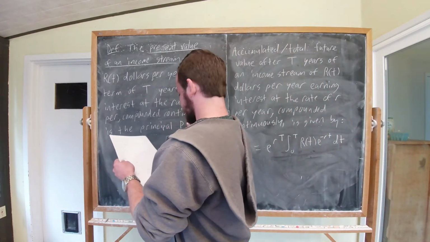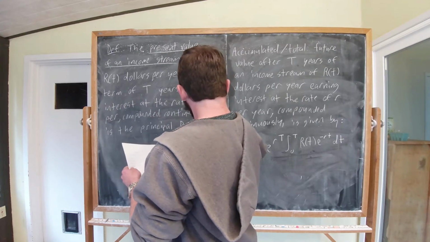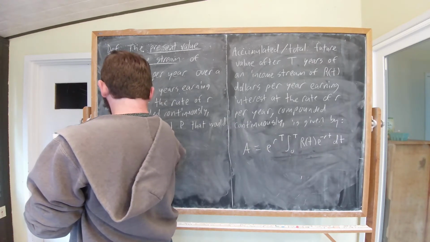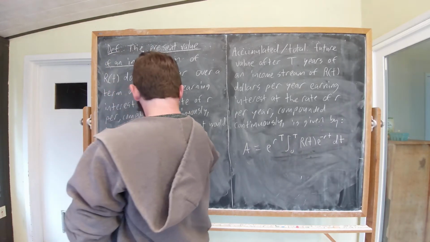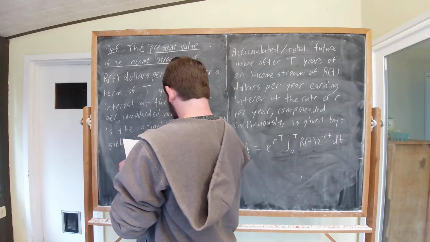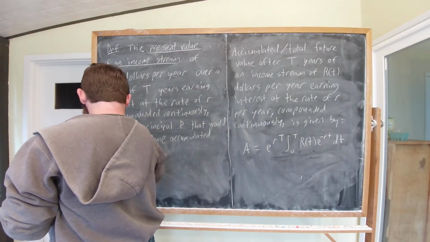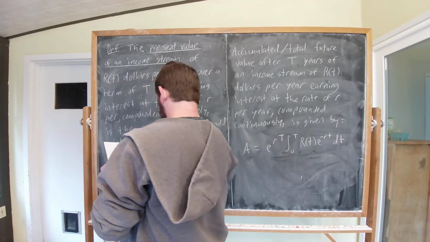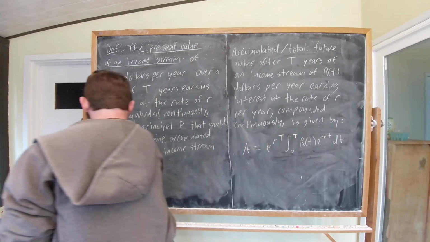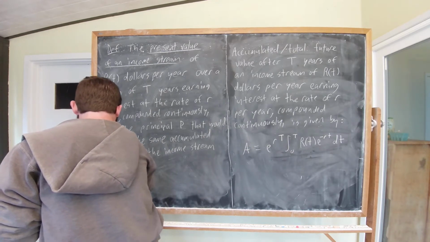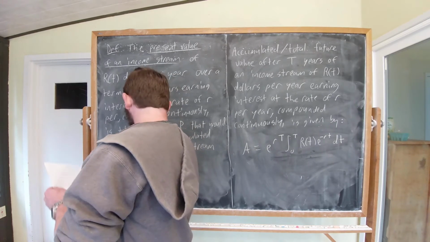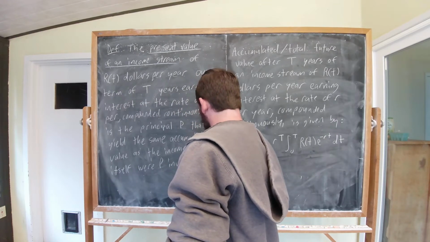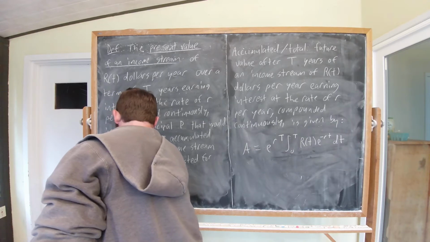It's going to be the principal P that would yield the same accumulated value as the income stream itself, were P invested for T years under the same interest scheme.